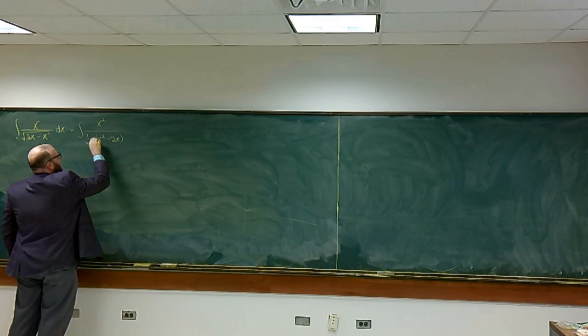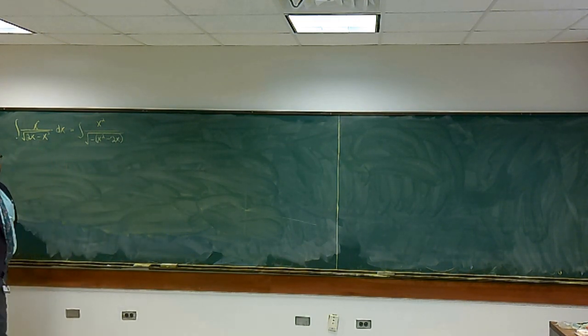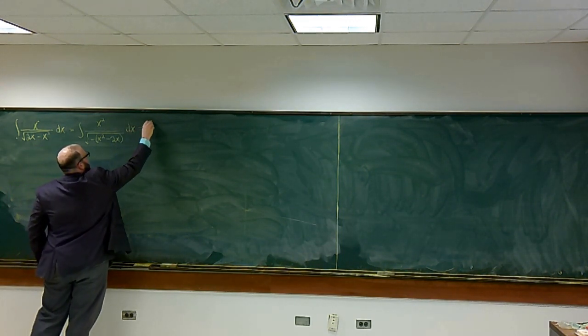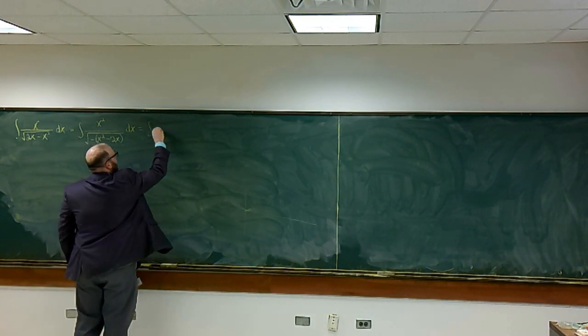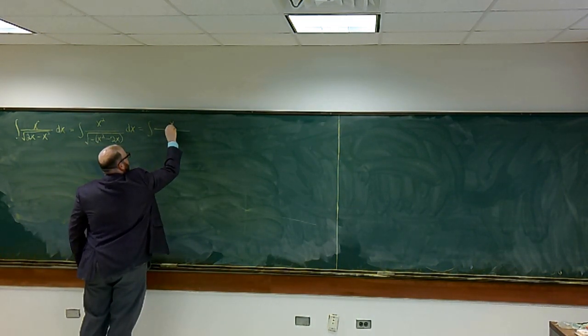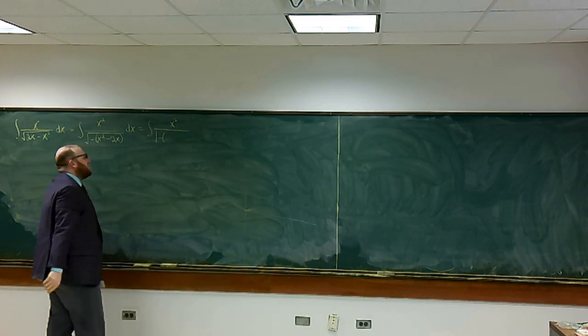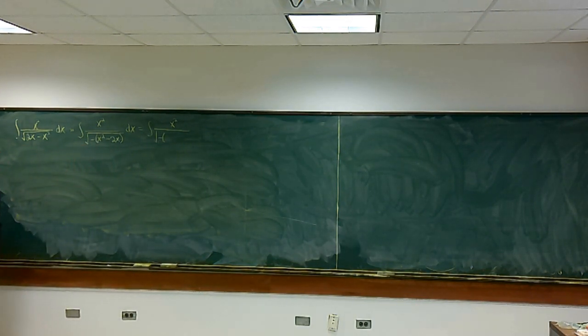First, I'm going to write it with a positive x squared, so I'll just factor out a negative. How do we complete the square?